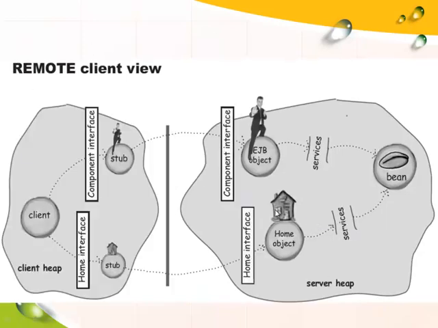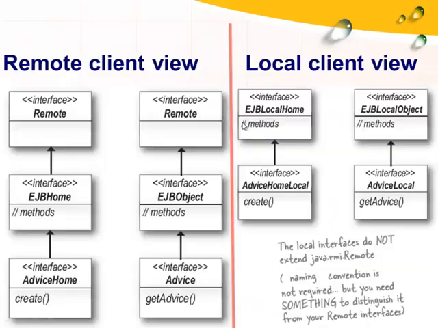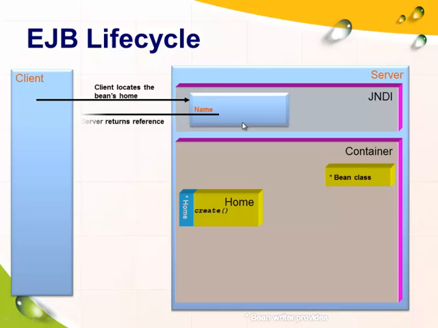In order to interact with this home object, the client has to get a reference to this. So what the JNDI is doing is it gives this home stuff to the client side. The client then issues a create on that home stuff, and then all the activities fire up. So it goes here. So we got the home interface.